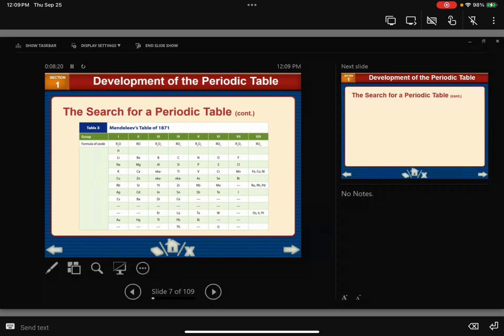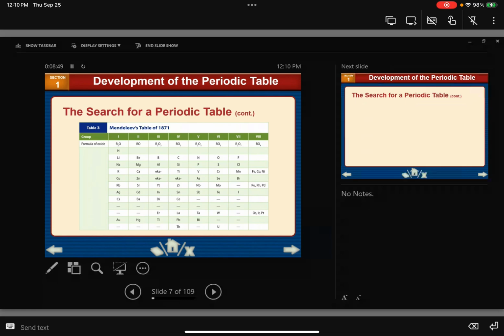So on page 88, we have this table that is in there. As he said, they were put into vertical columns. Anything adjacent to it, he said had similar properties to them. He also has what their chemical formula would be to form an oxide.